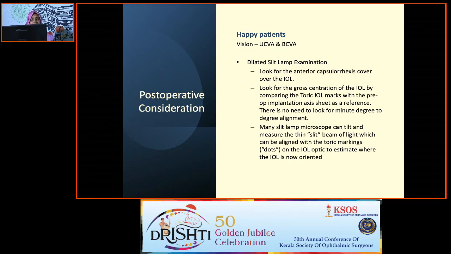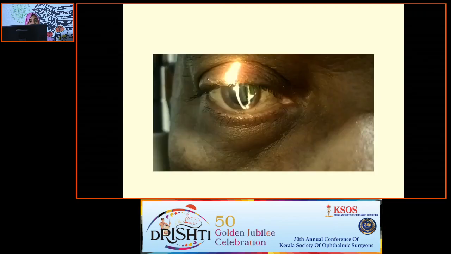Look for the gross centration of the IOL by comparing the toric IOL marks with the pre-op implantation axis sheet as reference. There is no need to look for minute degree-to-degree alignment. Many slit lamps can tilt and measure a thin slit beam of light, which can be aligned with the toric markings, that is, dots on the IOL optic, to estimate where the IOL is now oriented.